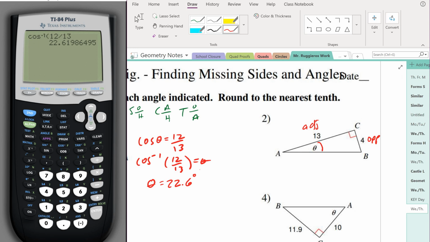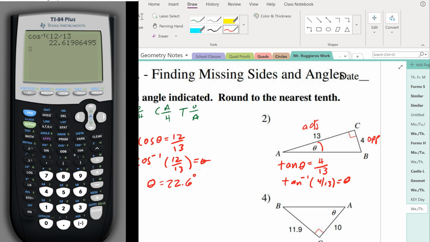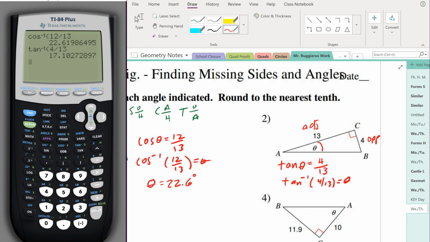That should be the TOA. So the tangent of the angle is equal to the opposite over the adjacent. We do our inverse function to get theta. I hit second tangent, 4 divided by 13, and that should be about 17.1 degrees.